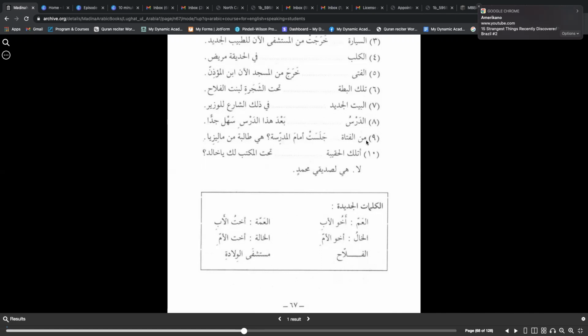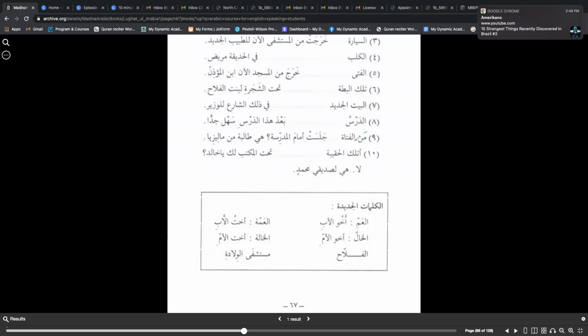If it was min al-fata allati, from the girl who sat in front of the school, it's a question that doesn't make any sense. So it has to be man, in order to make sense. And remember, when it's man, it gets a fatha over the meem.